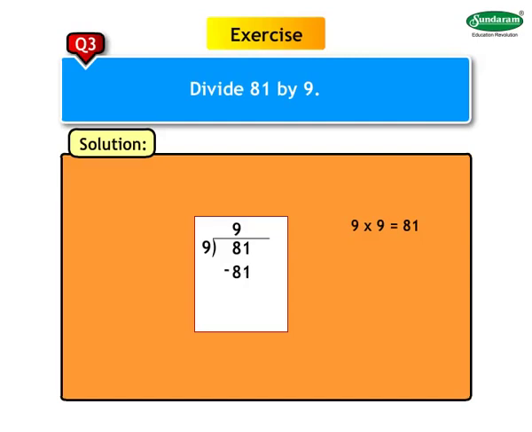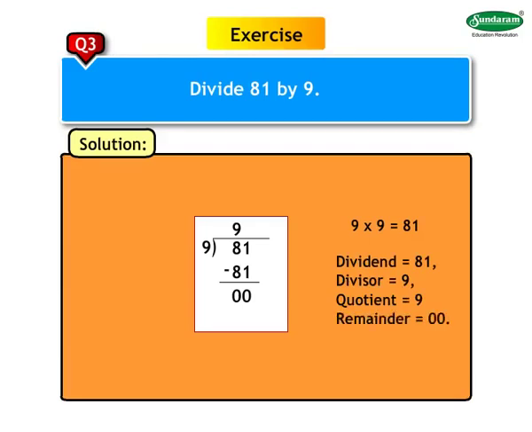Now, subtract 81 from 81. We get that 81 minus 81 is 0. So, we write 0 as the remainder. Thus here, our dividend is 81, divisor is 9, quotient is 9 and remainder is 0.